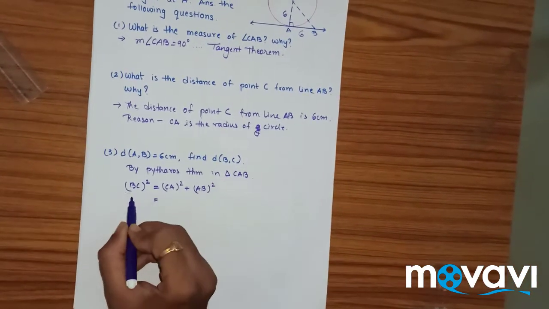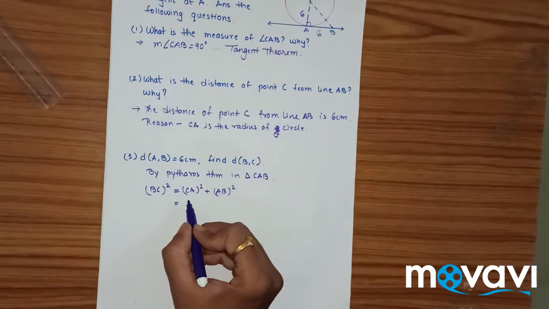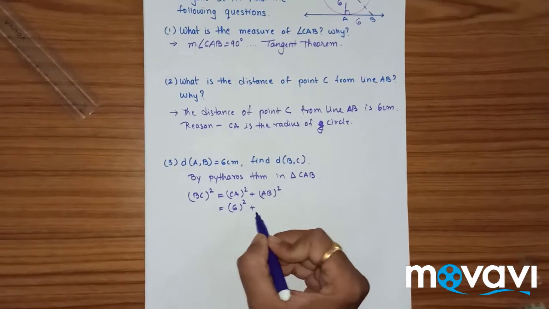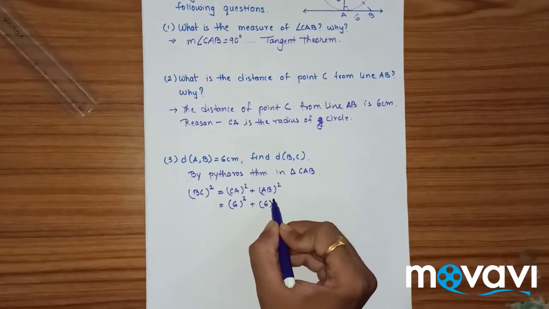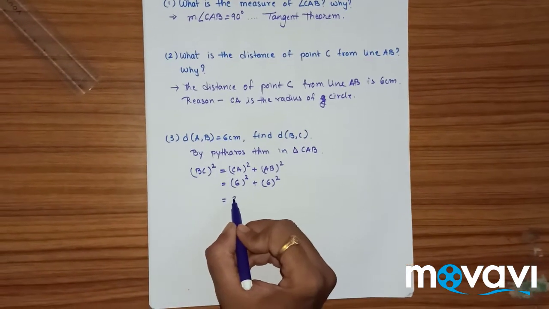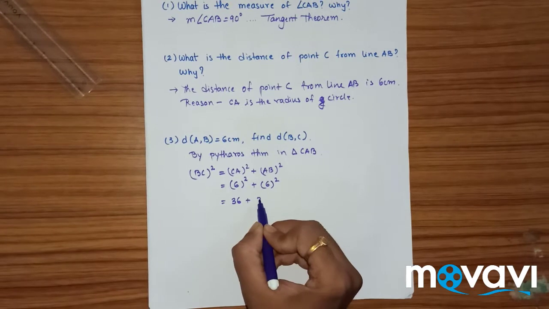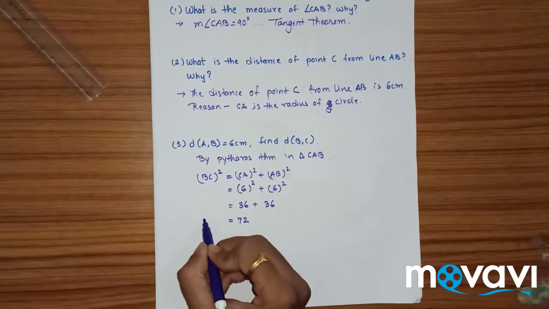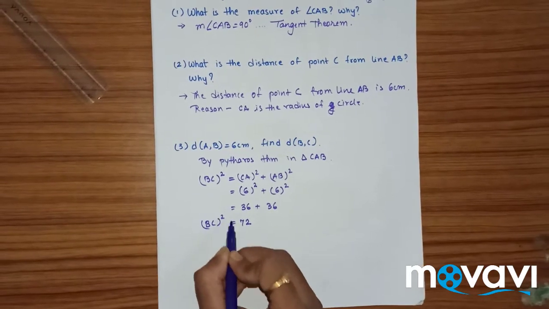Okay. Now this is what we are supposed to find. Now CA square, that is 6 square plus AB square. AB is also 6. So this becomes 36 plus 36. Total is 72. Now BC square is 72.